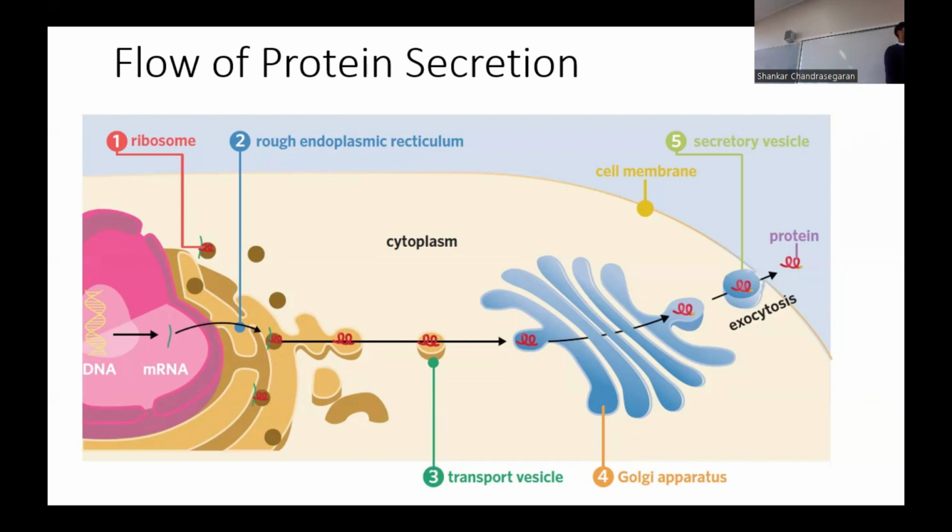a vesicle. There are two vesicles that you need to know, and they usually are called one or the other based on what step of the flow it's at. If it's being moved from the rough endoplasmic reticulum to the Golgi, it's called a transport vesicle. If it's being moved outside of the cell already, it's called a secretory vesicle.